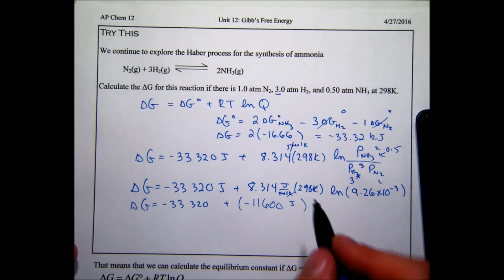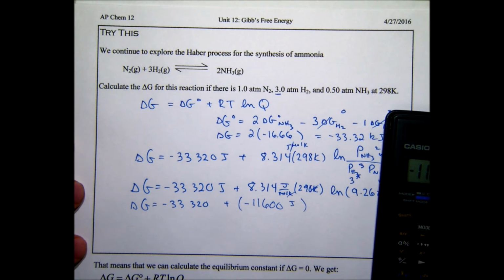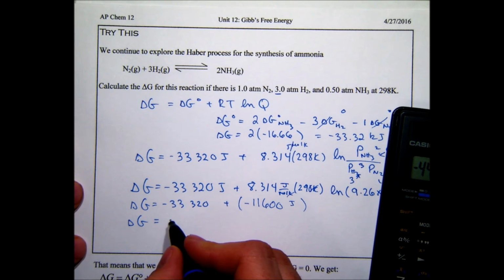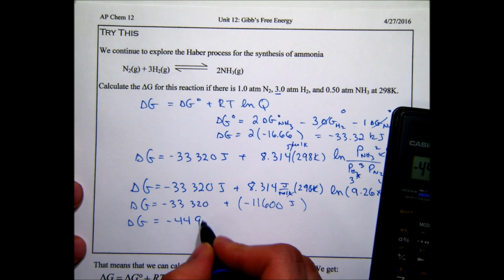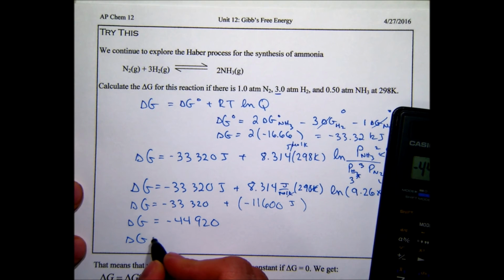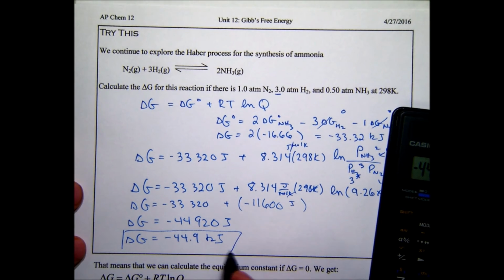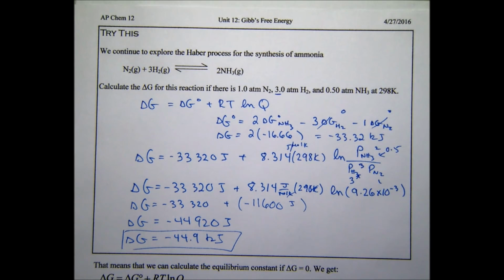Joules. Delta G is equal to negative 44,920, which is negative 44.9 kilojoules. That is the non-standard free energy.